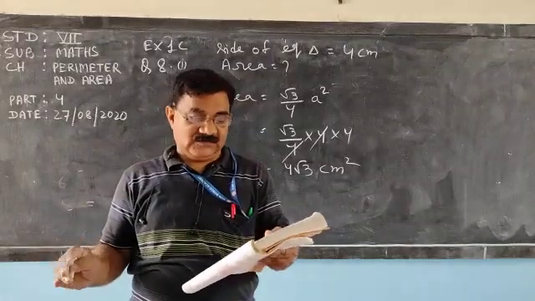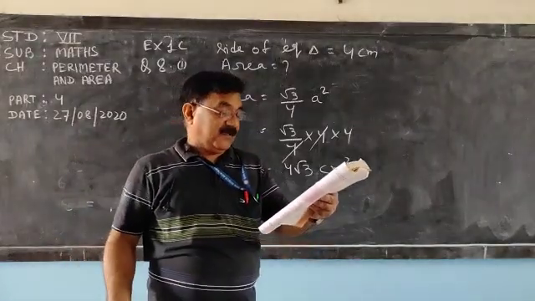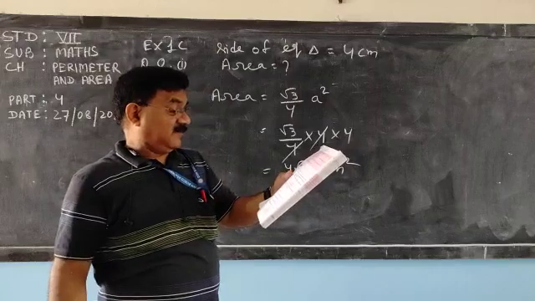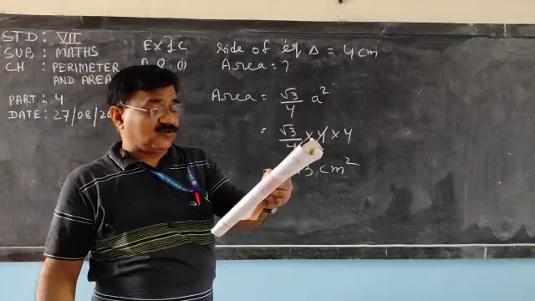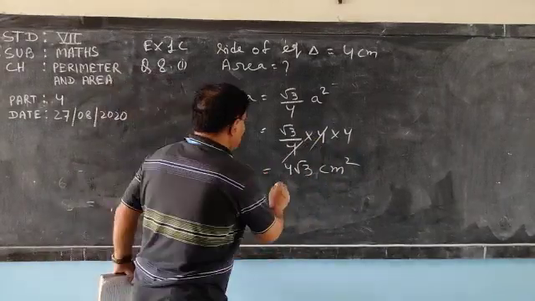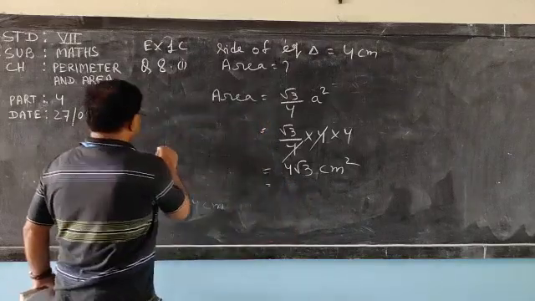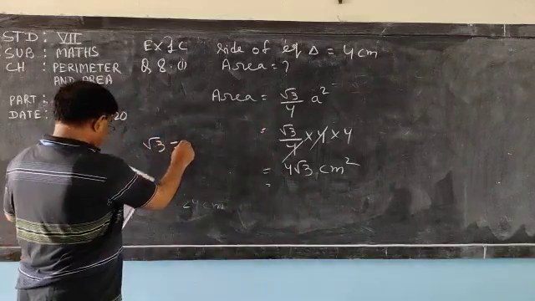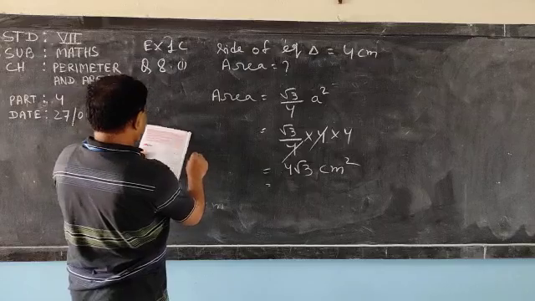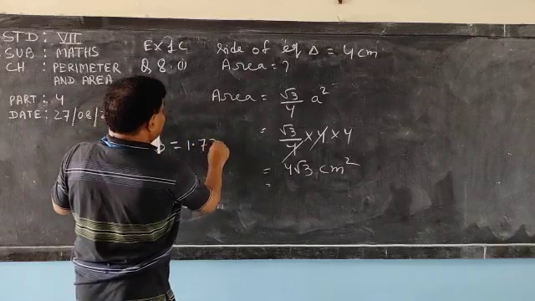Very clear on that. And if, see, one thing is given, use root 3 is equal to 1.732. It is given that root 3 is equal to 1.732.